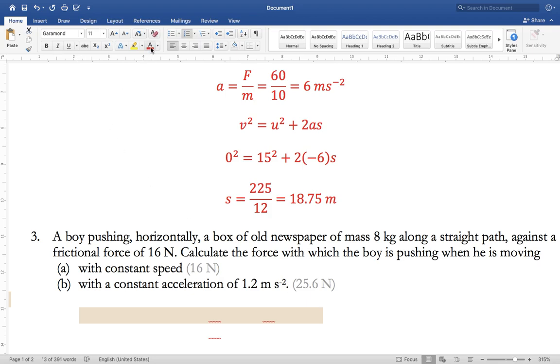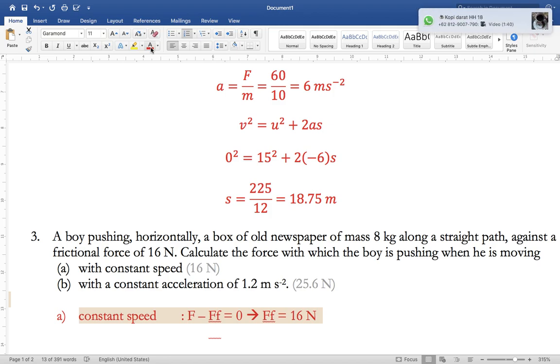At constant speed, the total force equals 0. Why? There is no acceleration, there is no deceleration. It's constant speed. There is no increase or decrease in velocity, so there is no acceleration. Or we can say the total force equals 0, or force minus frictional force equals 0.